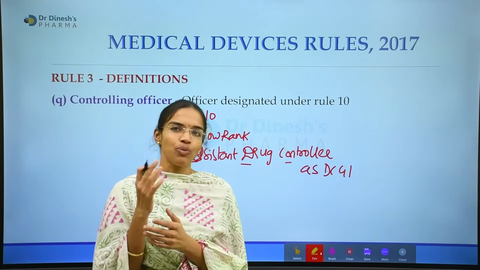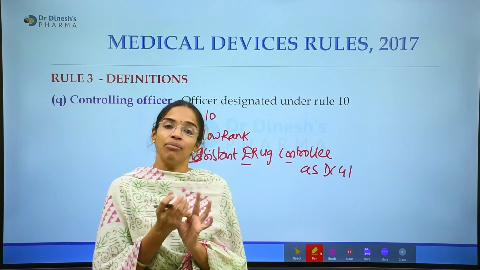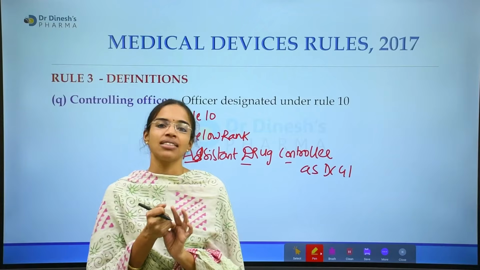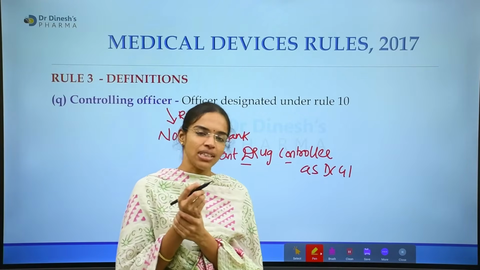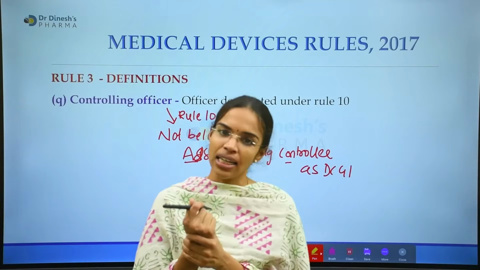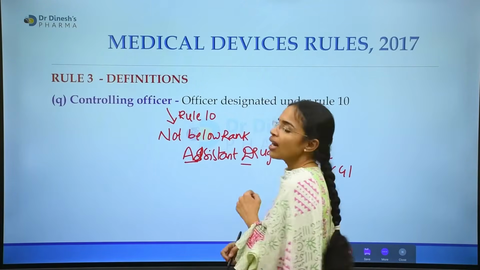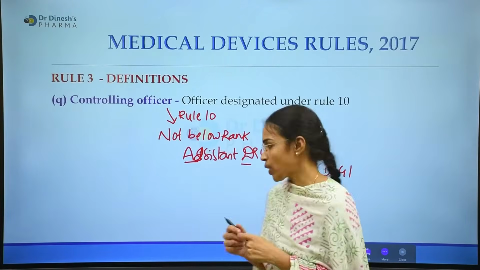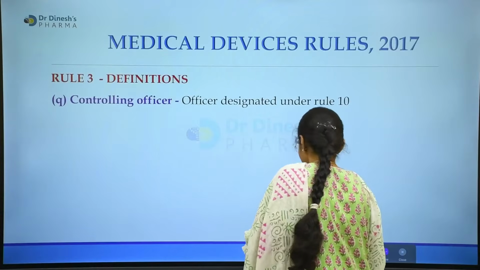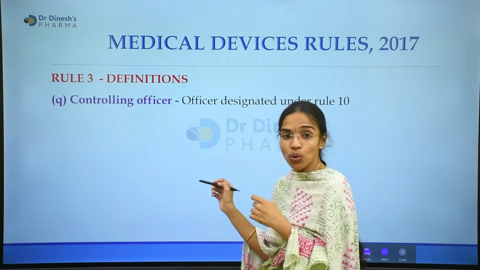We will have many officers like medical device officers, medical device controlling officers, drug controlling officers. There will be many officers we come across under MDR 2017, but the controlling officer will not be less than the rank of assistant drug controller, according to Rule 10.